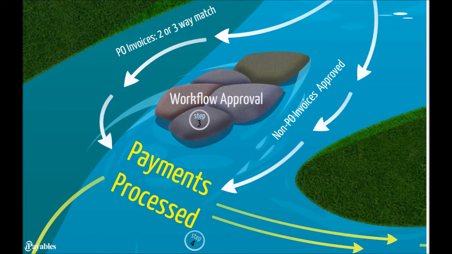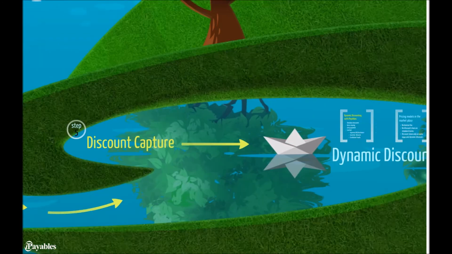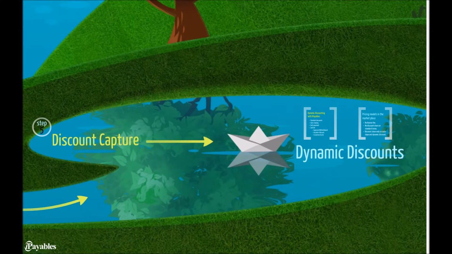Actually though, at this point, once it is approved, that's when we have a unique opportunity to revisit that discount capture we've been talking about. Again, the main reason that we can do dynamic discounts and really capitalize on discount capture now is because that whole process of matching and approving invoices is taking an average of about 3.5 days.